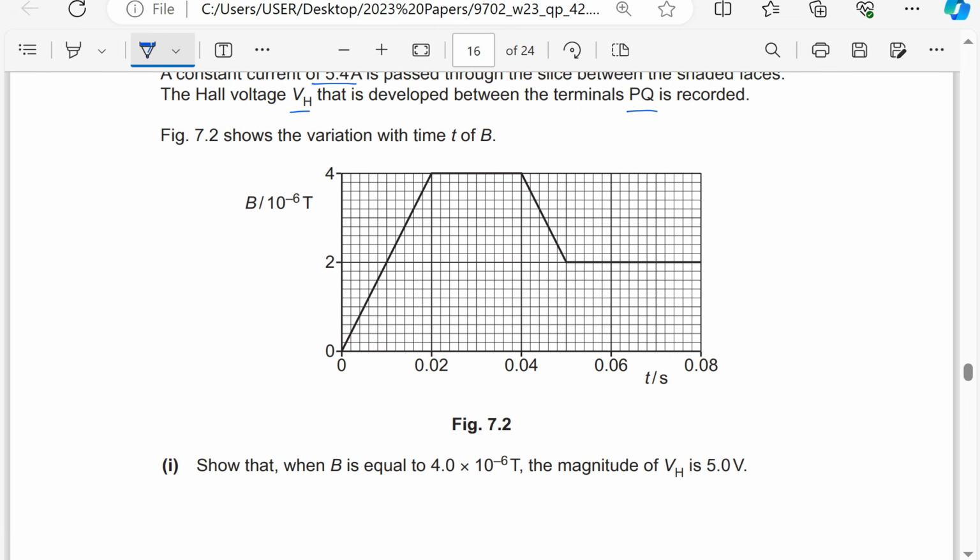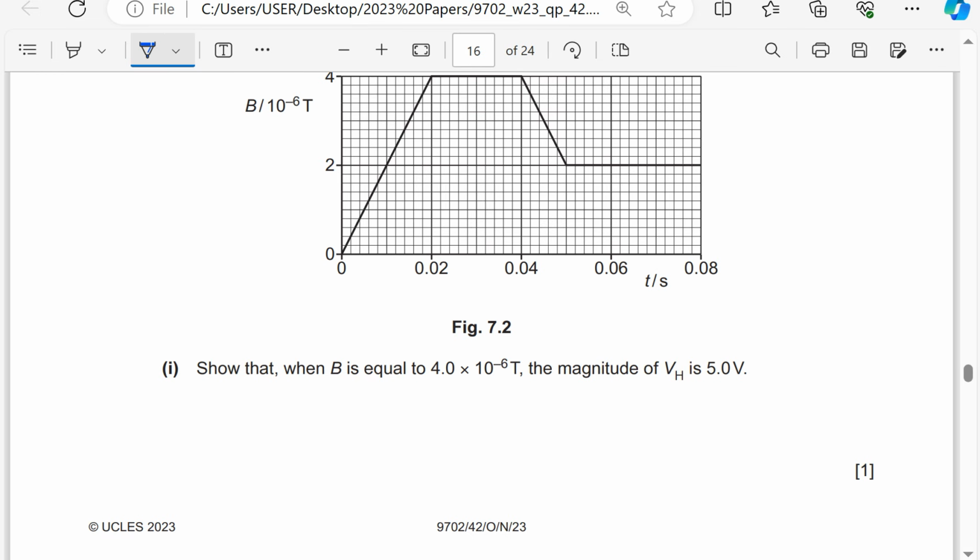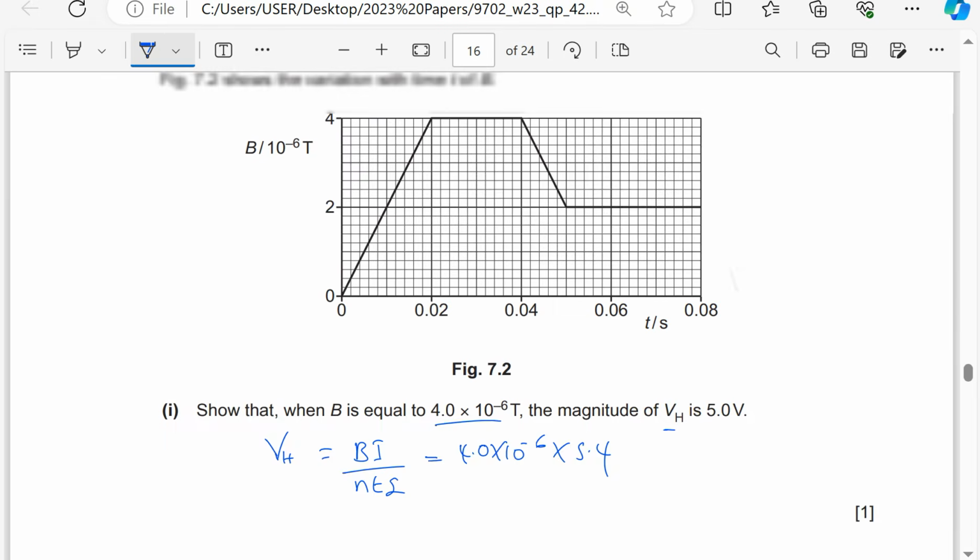The figure shows the variation with the time t of B. Okay. Show that when B is equal to 4.0 times 10 to the power of minus 6, the magnitude of VH is equal to that. So we know that the Hall voltage VH is directly proportional to B and is given by BI divided by ntq. You studied this in magnetic fields. B is 4.0 times 10 to the power of minus 6. The current was, I think, 5.4.